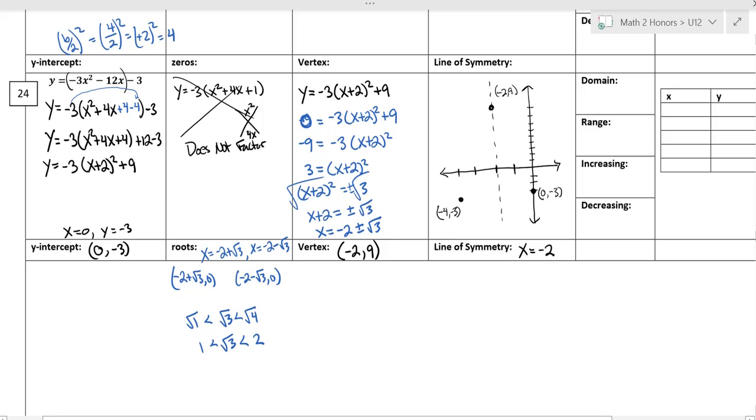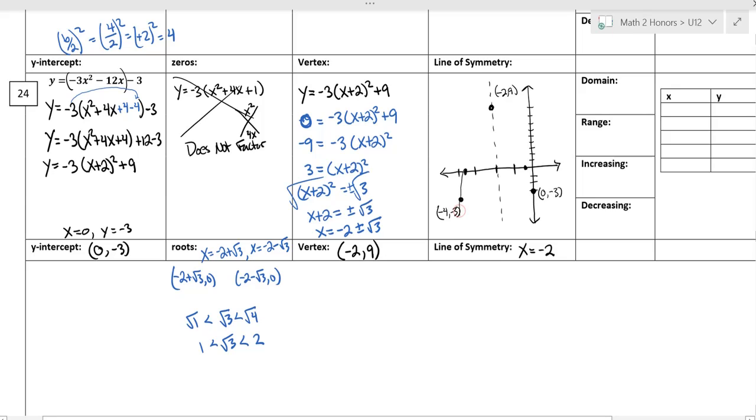And then my x-intercept's negative 2 plus root 3. So plus root 3 is a little bit more than 1, a little bit less than 2. And starting at negative 2, go to the left a little bit more than 1, so about right there.